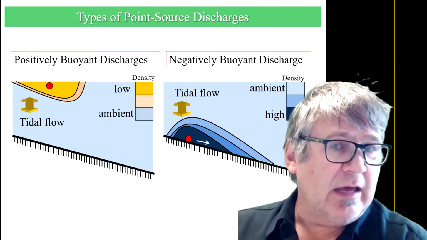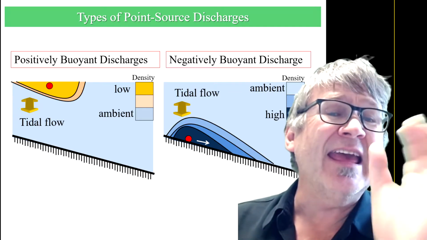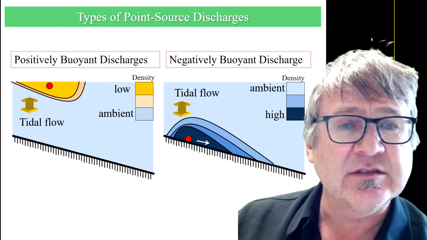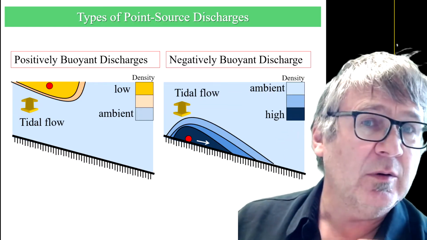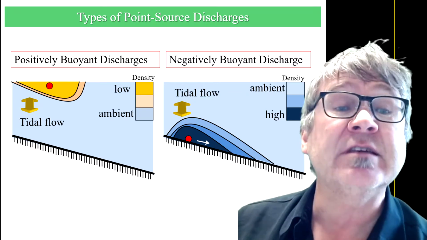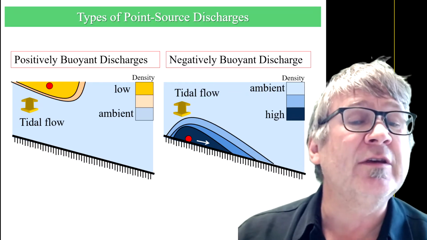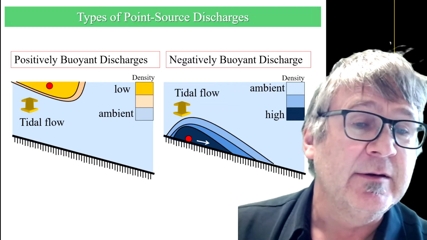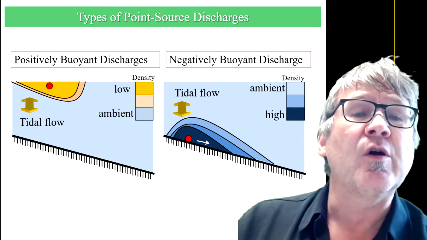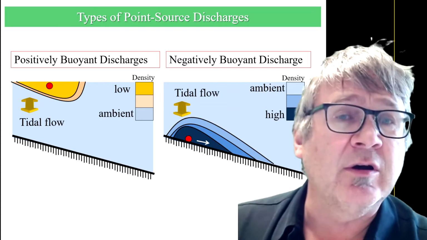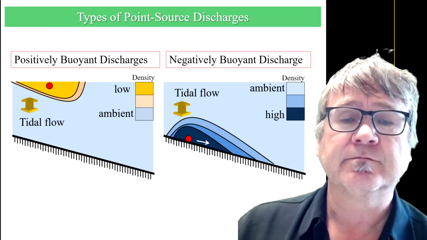What you also can have is negatively buoyant discharges, denser discharges near the seafloor. And this is shown here on the right-hand side. So what's shown here is essentially the density, also as a measure of the concentration of your pollutant.